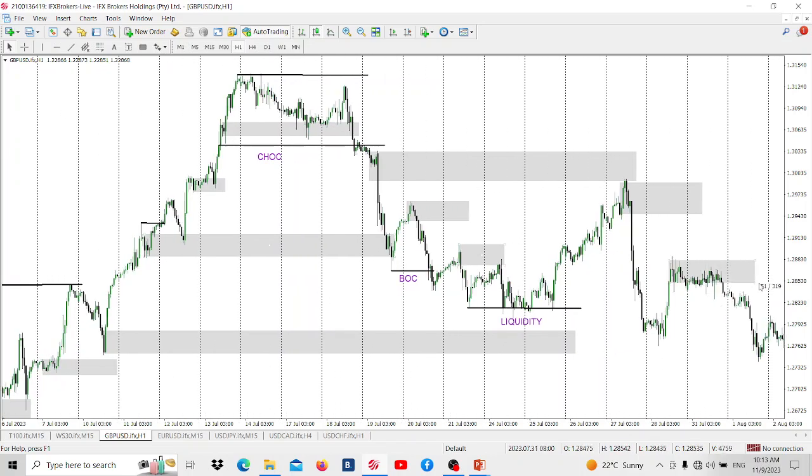And look at that. The market the following day came, played around, then tapped to sell, giving us what? A break of structure, right? In the zone.